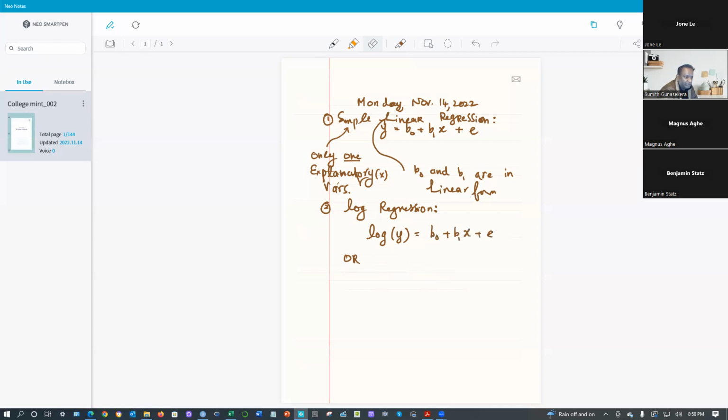Or you can say y equals b naught plus b1 log x plus c.